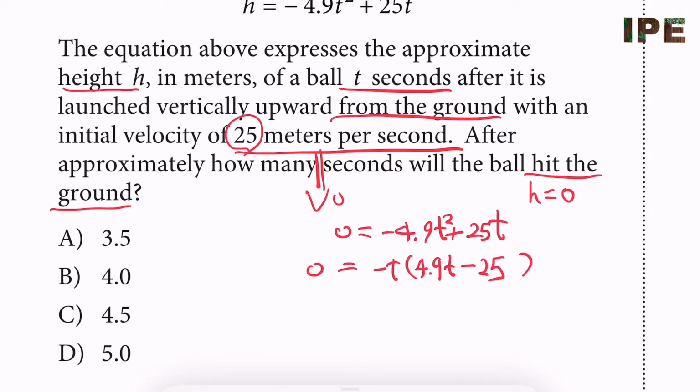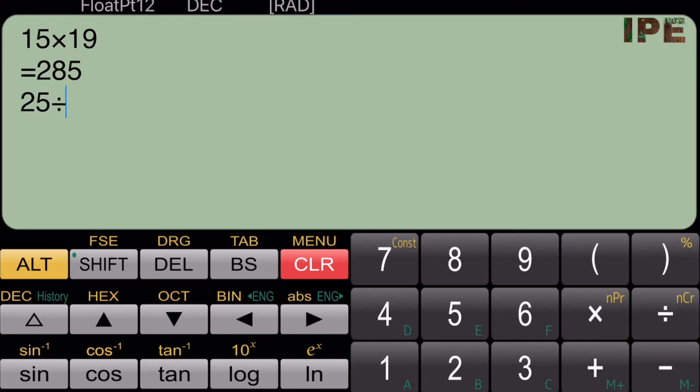So what does t equal? 0 from the first part, and from the second part, t is equal to 25 divided by 4.9. 25 divided by 4.9, which is about 5.